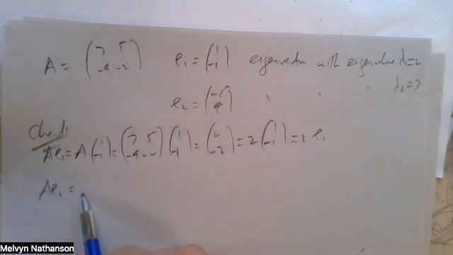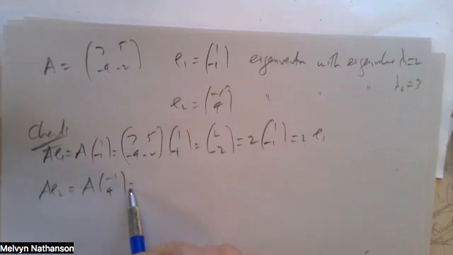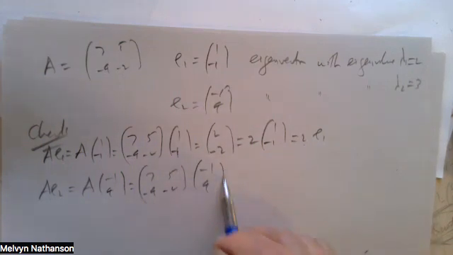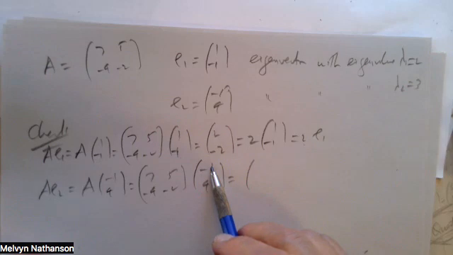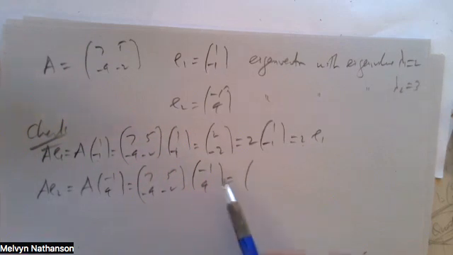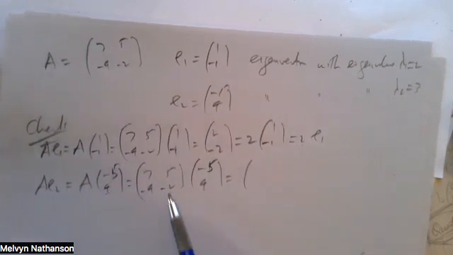What about A E2? E2 is the vector minus 5, 4. So my matrix 7, 5, minus 4, minus 2 times minus 5, 4. Oops, something isn't right here. Oh, minus 5, 4. I just copied it down wrong.